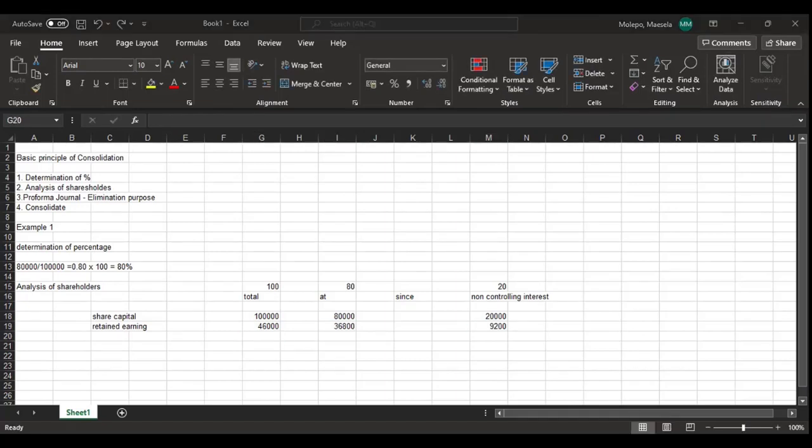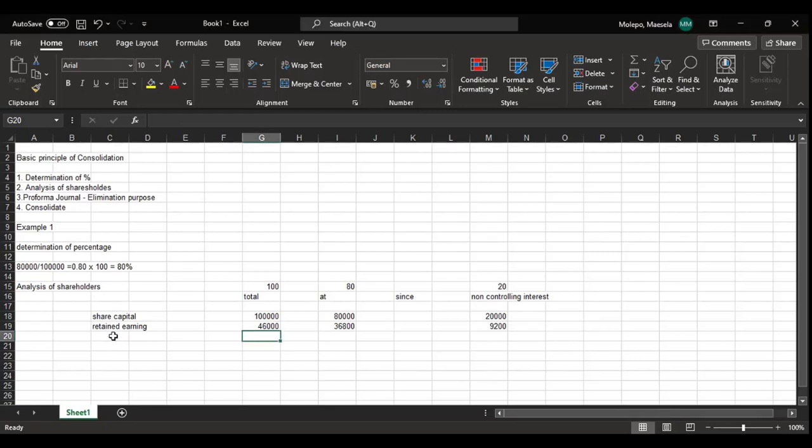Now, from the information given, the land belonging to B Limited was valued at 200,000. So the question is, how much was this land before? You see on the pre-adjustment trial balance, they show the land at cost price is 140,000. Do we see it? Yes, sir.